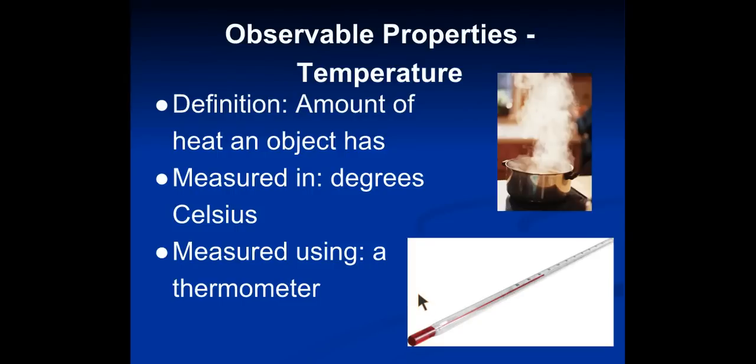When we talk about temperature, we describe it in degrees Celsius. America is really weird about this. We're one of only three countries that describes temperature using Fahrenheit. So most of you should be familiar with Celsius. To measure temperature, we will use a thermometer.